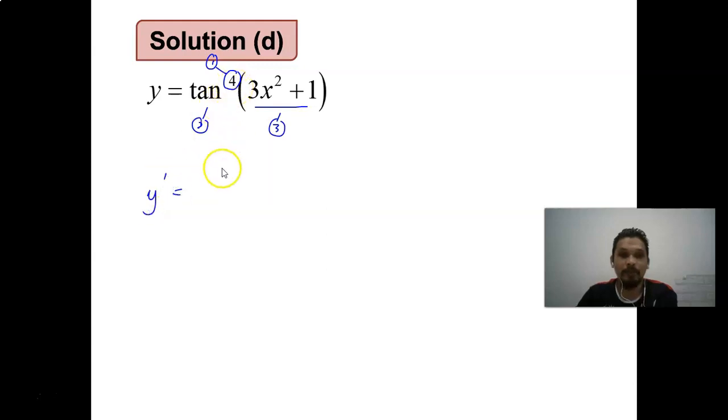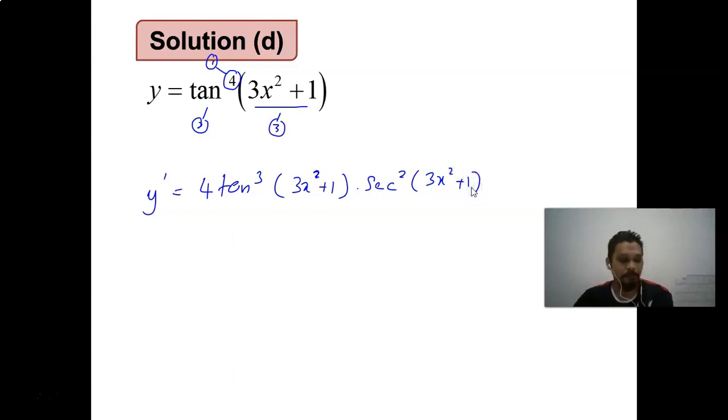For first, 4 tangent 4 minus 1 of 3x squared plus 1, multiplied with, we had derived the power of tangent 4 here, and then derive the tangent, the differentiate tangent, secant squared of 3x squared plus 1.